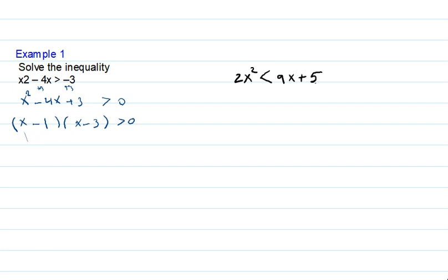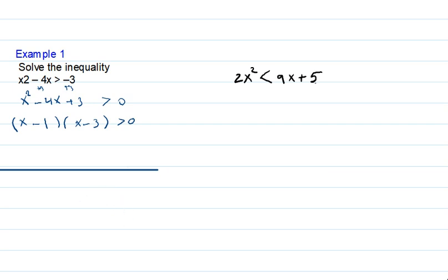So x multiplied with x gives us x squared, minus 3 multiplied with minus 1 gives us plus 3, and the middle term gives minus 4x, just to check the factors. So x minus 1 times x minus 3 greater than 0. I want both of these terms negative or both positive in order to solve this inequality.